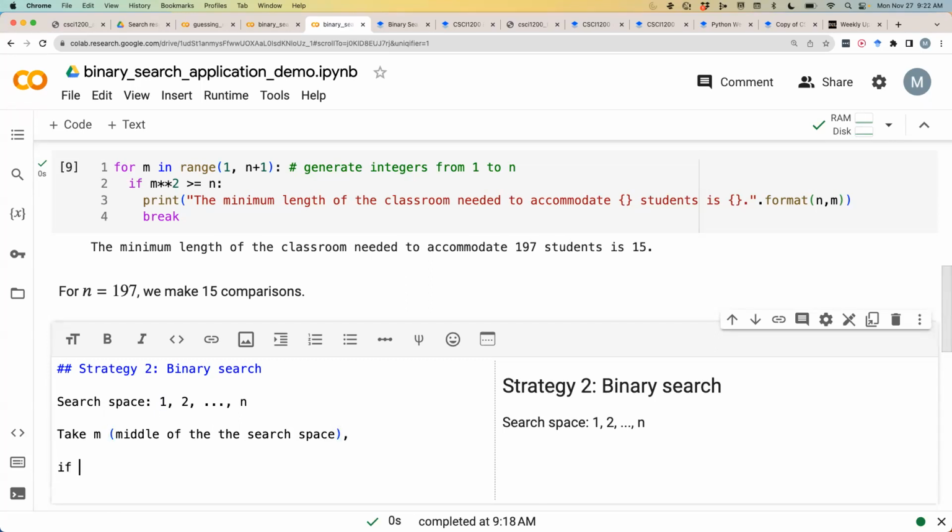Now this time we are not checking a target element, but we can reformulate it into the property that we want.